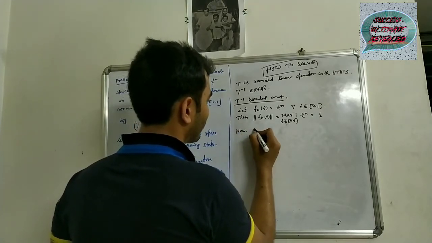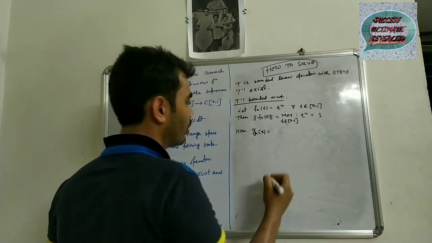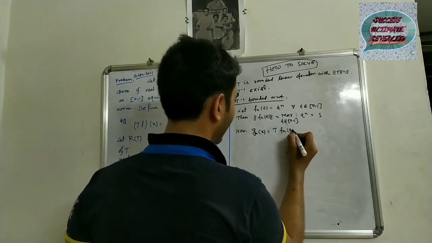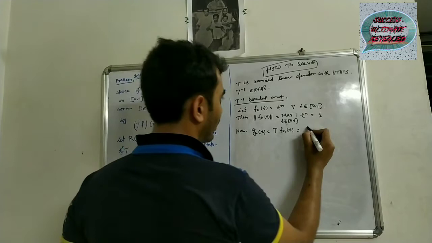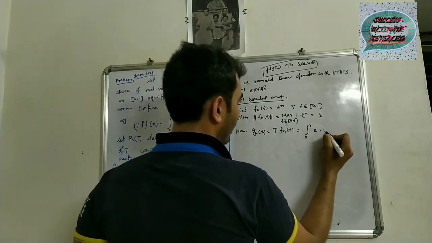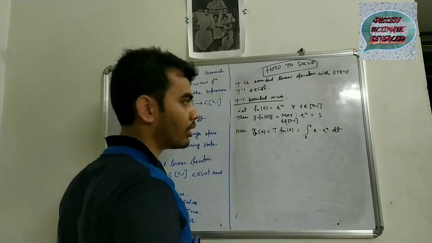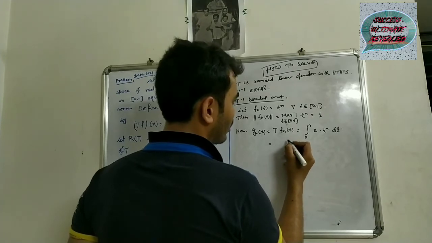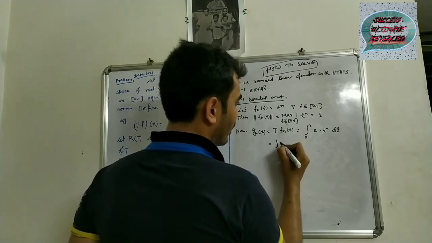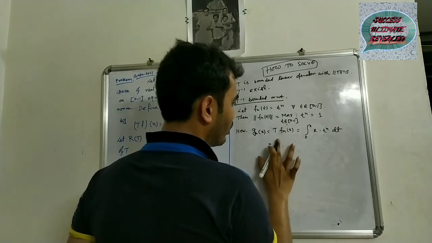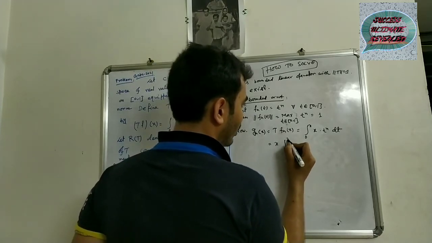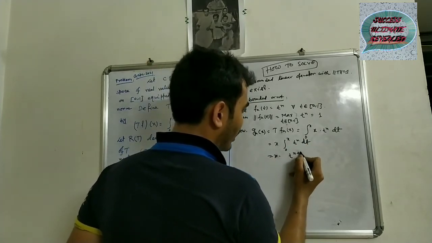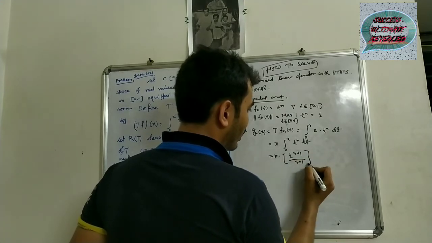Now g_n(x) = T f_n(x). This is equal to the integral from 0 to x of t^n dt, which equals t^(n+1)/(n+1) evaluated from 0 to x.